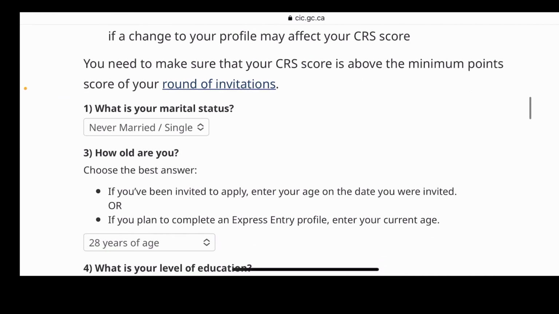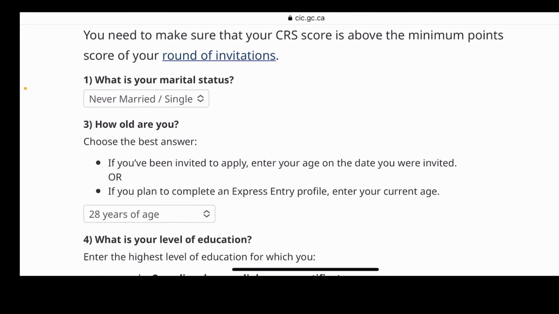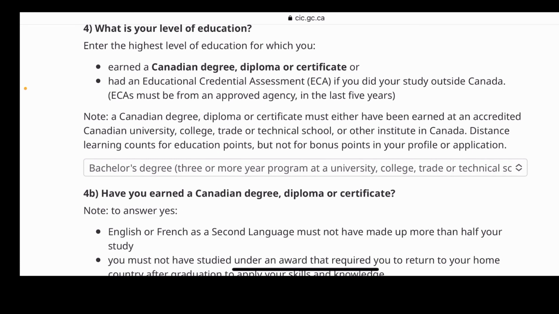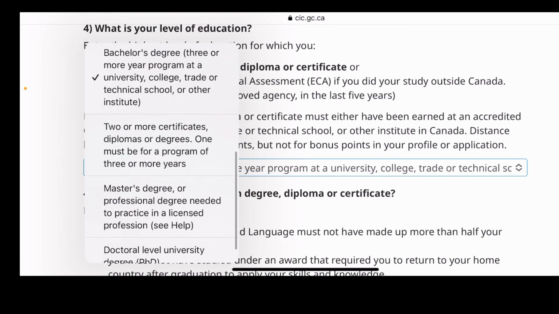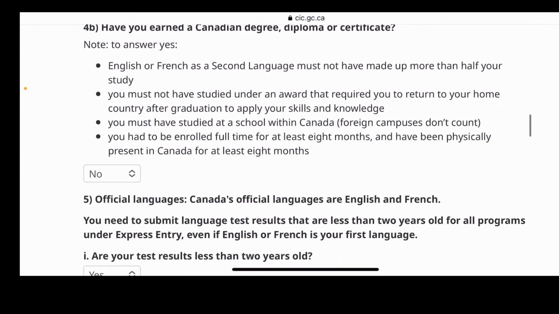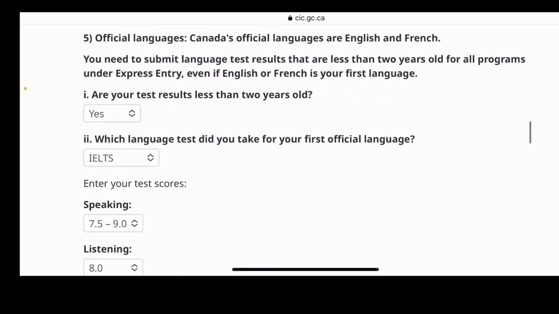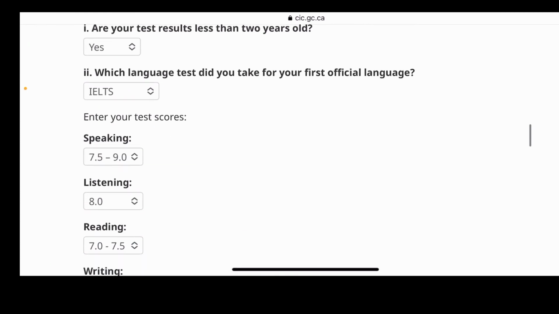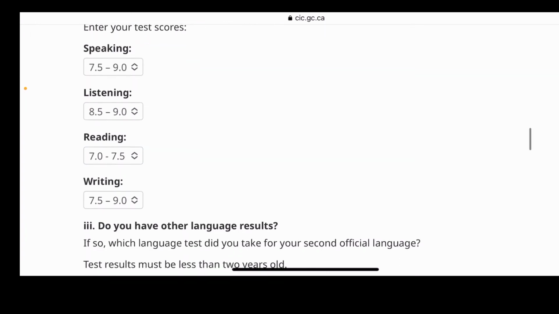But let us go back and see how changing some things can affect Tola's score. So let's say that Tola, instead of having a bachelor's degree, has a master's degree. And for IELTS, Tola has 7.5 in speaking. For listening, she has something between 8.5 and 9.0.